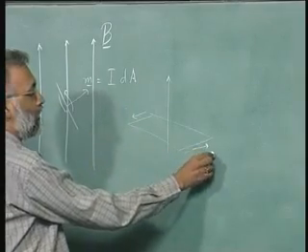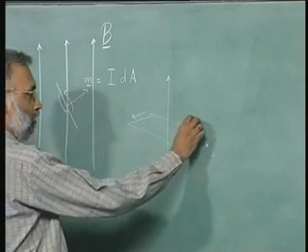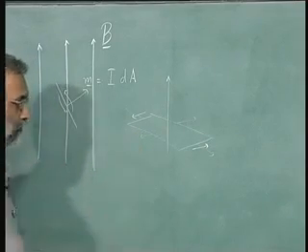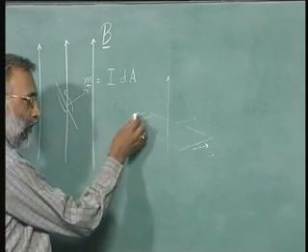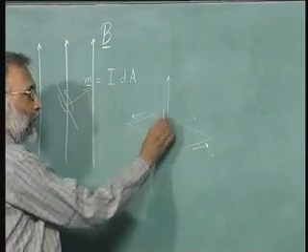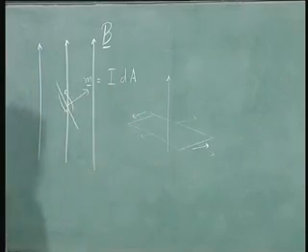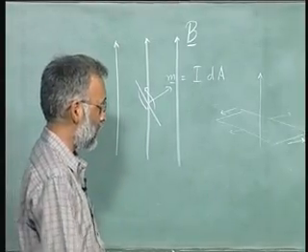This causes a J cross B this way, this causes a J cross B this way, and this causes a J cross B this way. So, they are all in the plane. So, if the plane of this loop is along the magnetic field, there is no effect of the magnetic field.